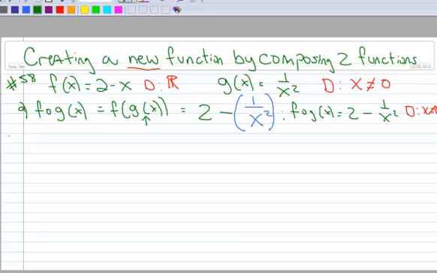Let's do another example. Let's take g composed with f. So that would look like g of f of x. So we start by writing g of x. Let's start with g of x. So we have 1 over, and then when we get to the x we stop.